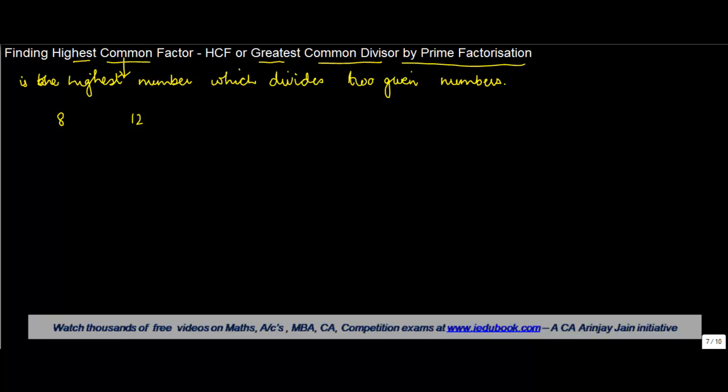So let's say we have two numbers here, one is 8, the other one is 12.